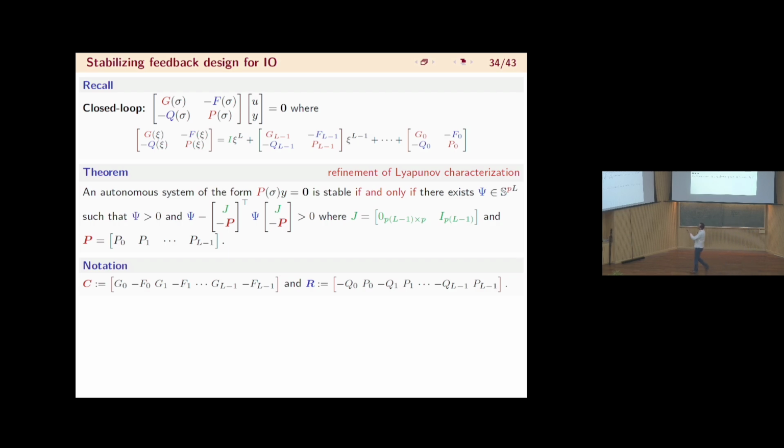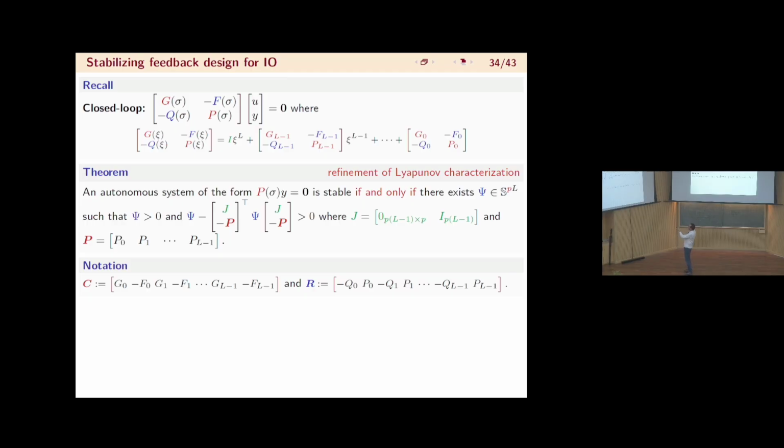For that, I need the coefficients here, which means that I need these coefficients, right? But in these coefficients, what I know is QP matrices. What I don't know is GF matrices. So I separate what I know and what I don't know. In C for controller, I collect the coefficient matrices that come from the controller.